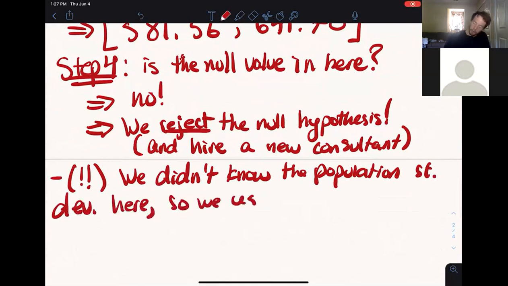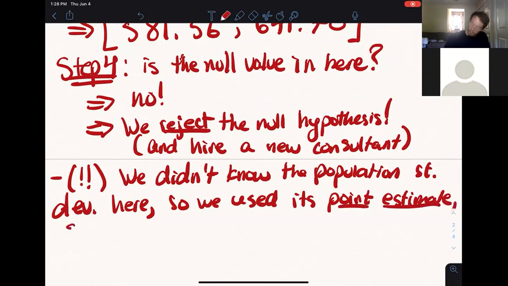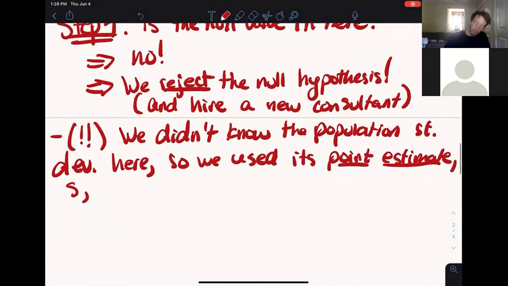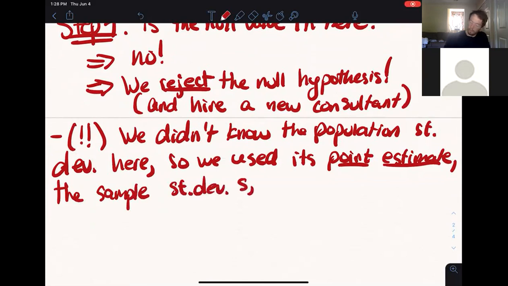So we used its point estimate, the sample standard deviation S, and continued forward.